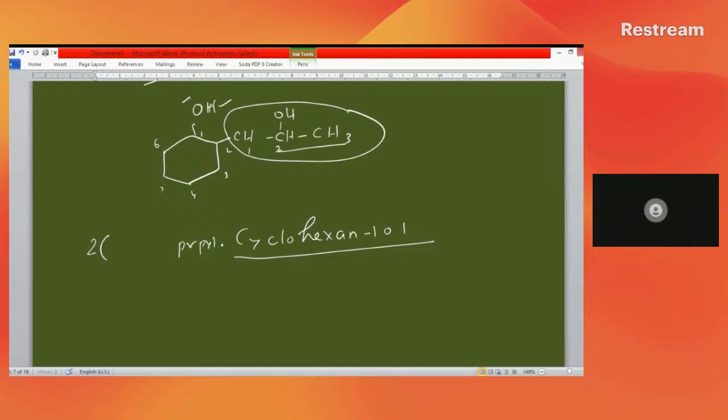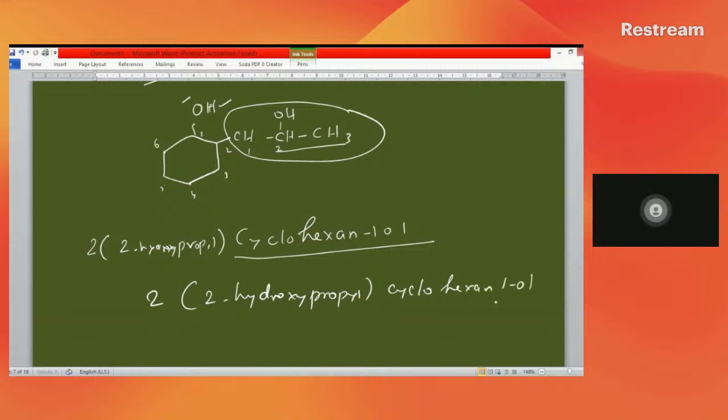So you can call it 2-hydroxy propyl cyclohexan-1-ol. I repeat, 2-hydroxypropyl cyclohexan-1-ol. That's the name.